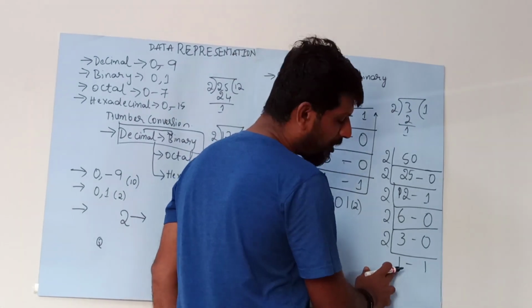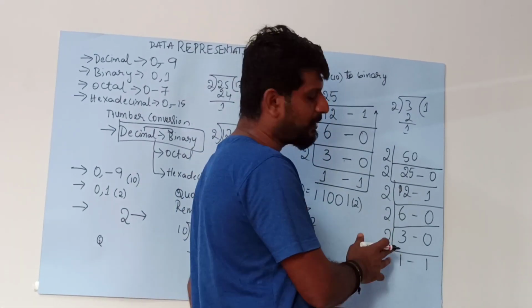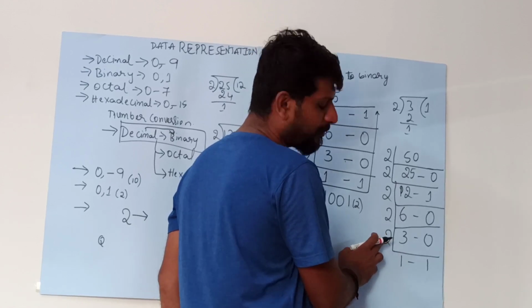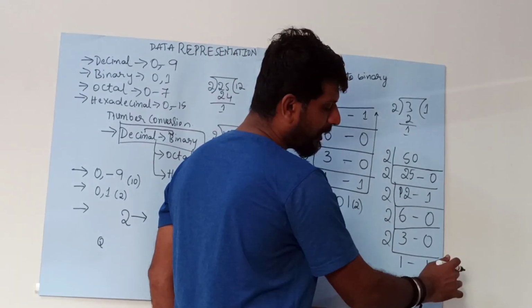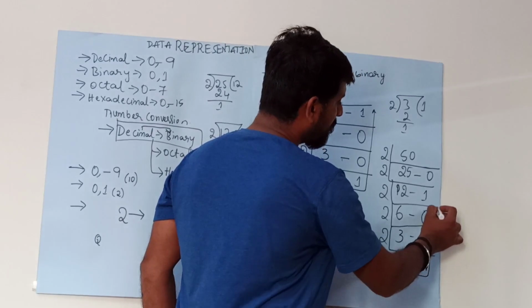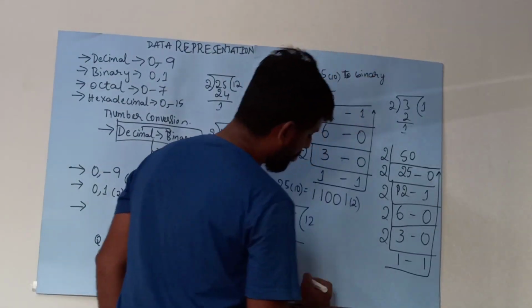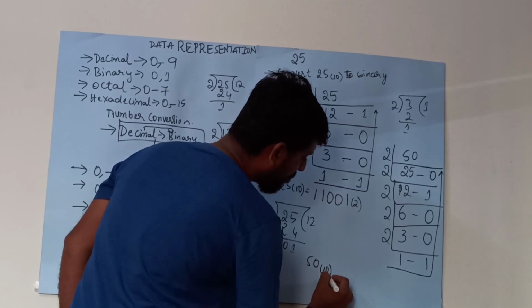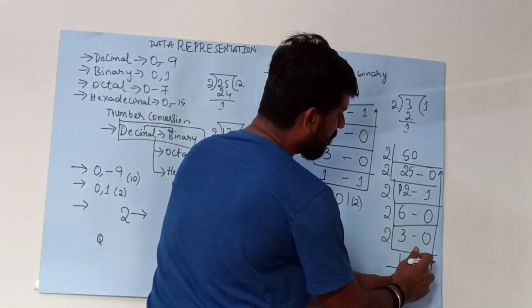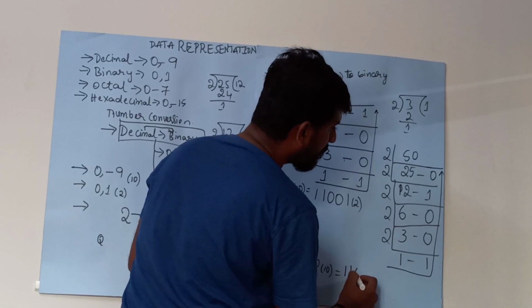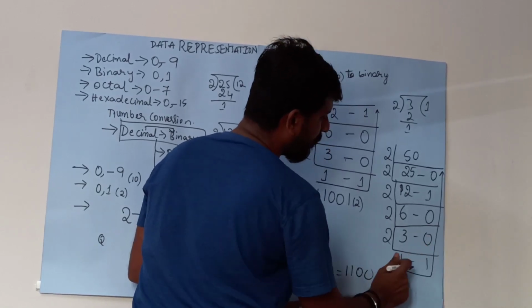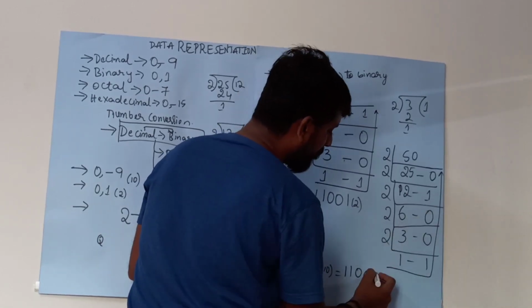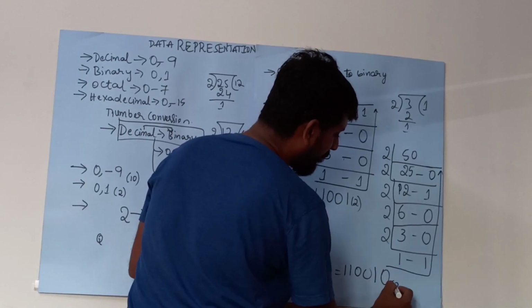Again you got 1, you cannot divide it because it is smaller than 2. So we have ended this problem. You have to write again like this. So 50 to the base 10 is equal to 110010 to the base 2.